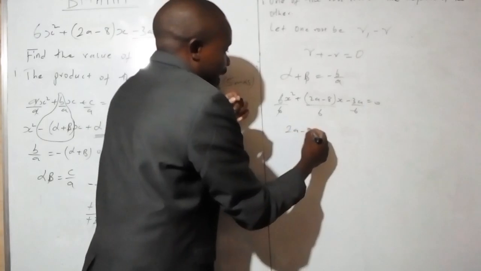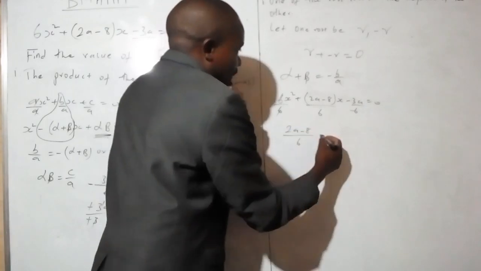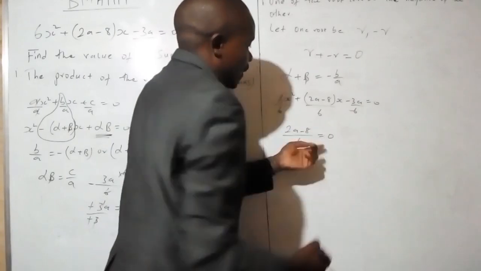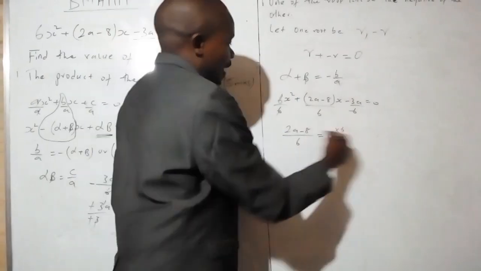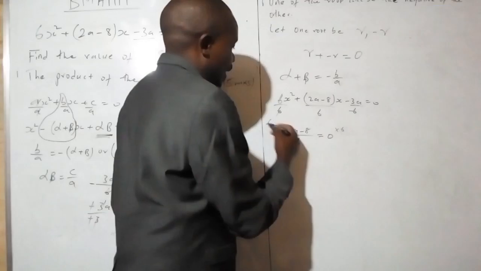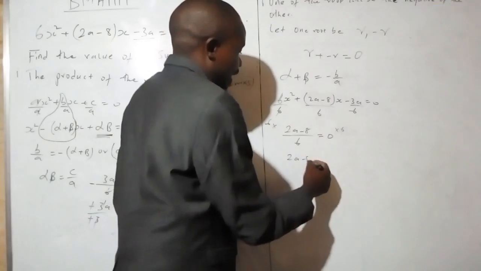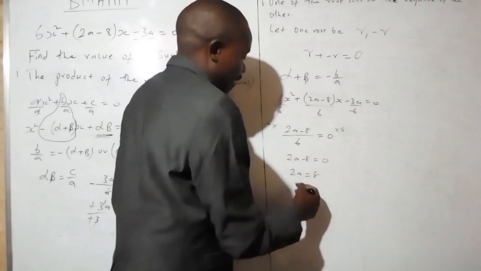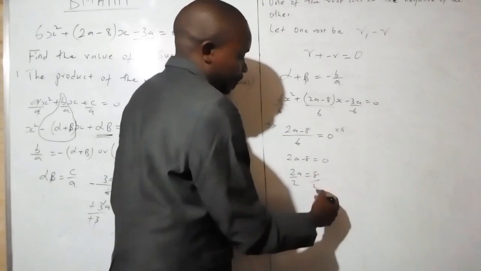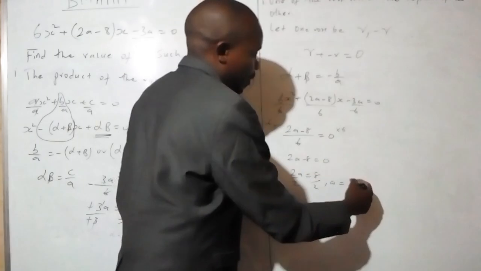We are going to equate with this 0. We can multiply by 6, and 2a minus 8 is equal to 0. 2a is equal to 8, divided by 2, and our a will be 4. Those were 5 marks. Our a will be 4.